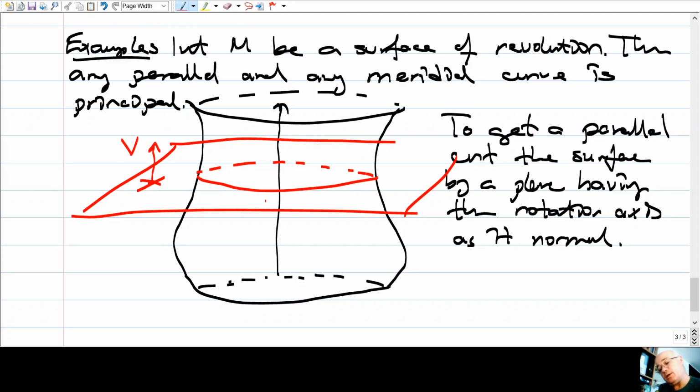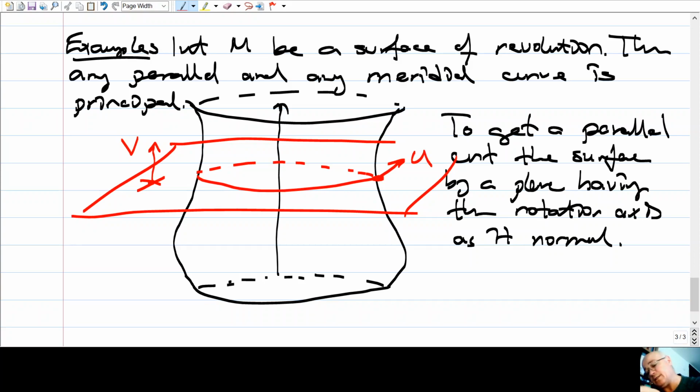So this is a parallel curve, and the angle between the surface normal and the vector v is constant in this case, because I just take this point and rotate it along the curve. Suppose the surface normal at this point is like this, the vector u.